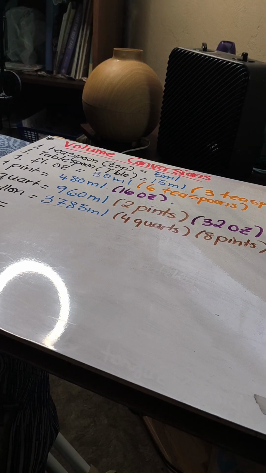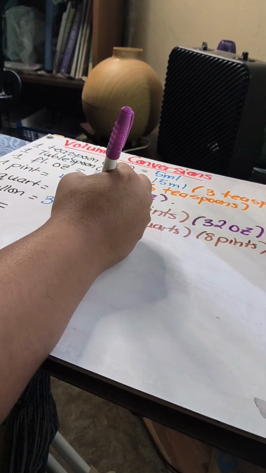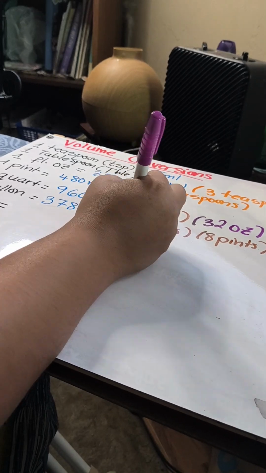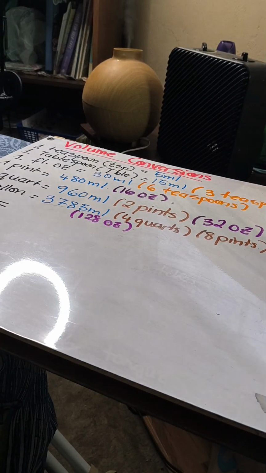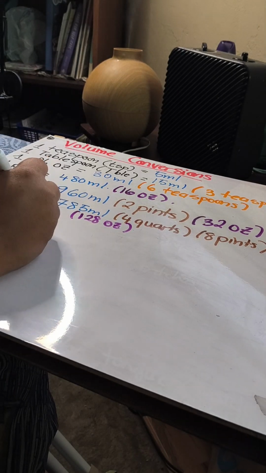Now let's add one last thing there. This would be ounces. 1 gallon is equal to 128 ounces. 1 cup, if you're American, you know this. 1 cup is 8 ounces.